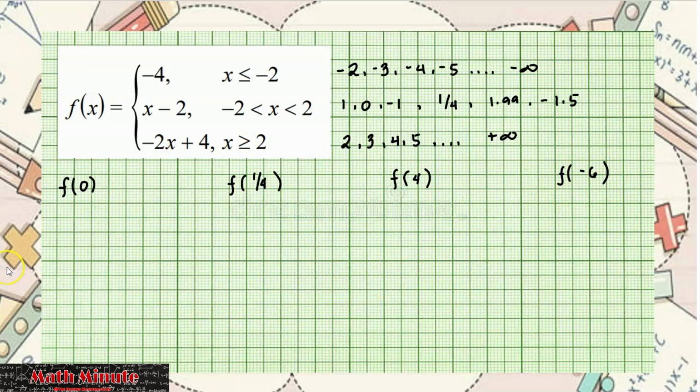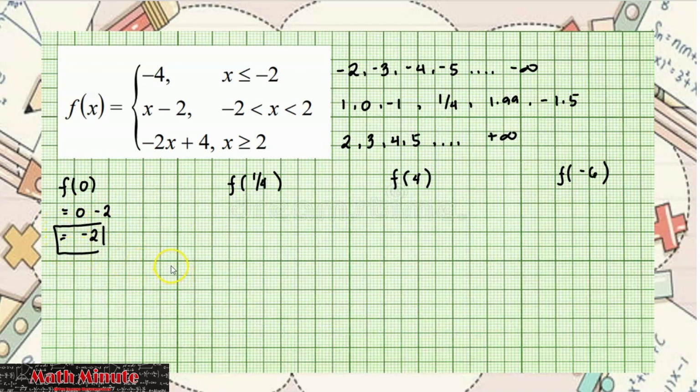In which definition does f of 0 lie? Look at your set. You will know that it will be on the second definition. So we will substitute 0 into x minus 2. This will be equal to 0 minus 2, and f of 0 is equal to negative 2.